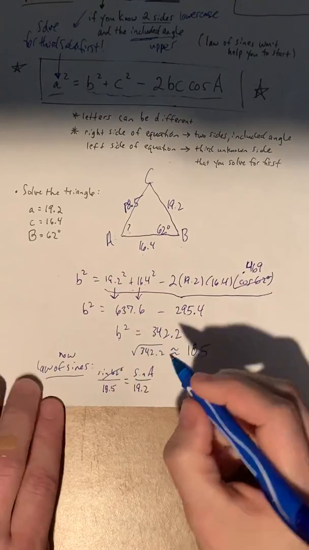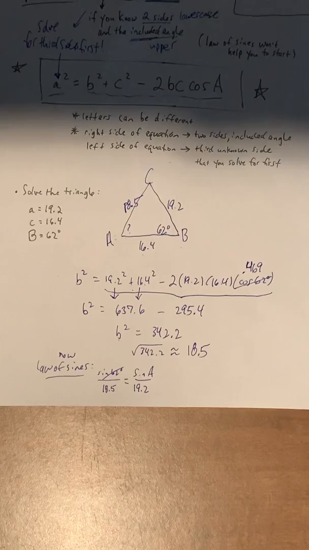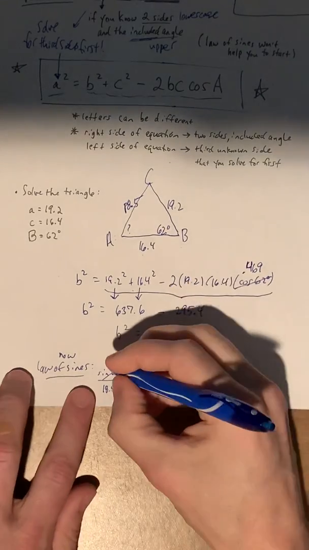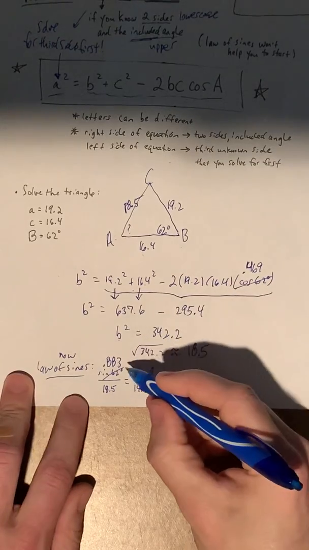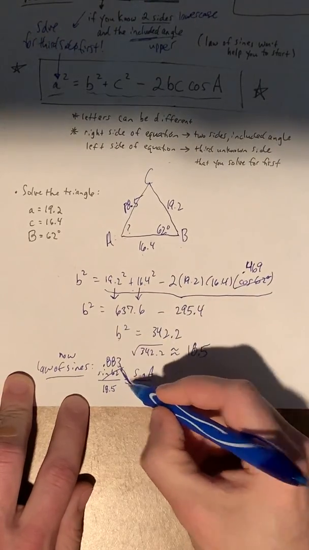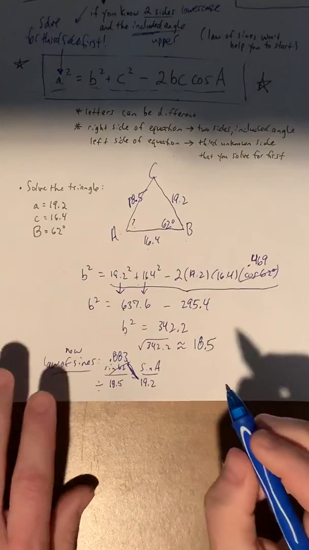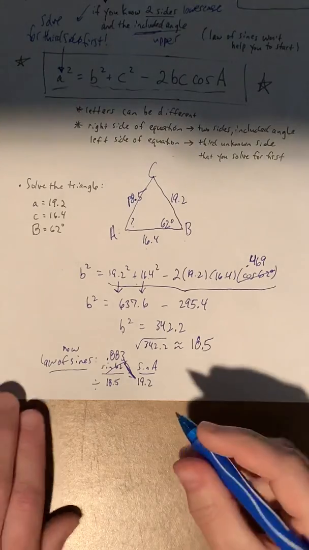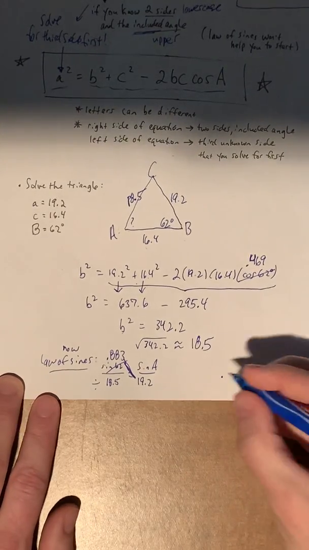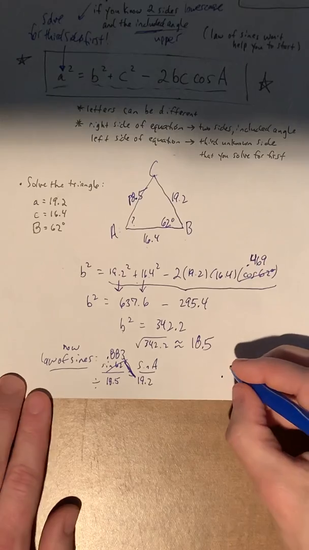All right, we can punch in the sine of 62, 0.883. We multiply these 2 and divide by 18.5, so 19.2 times 0.883. Divide that by 18.5. And we get 0.916.